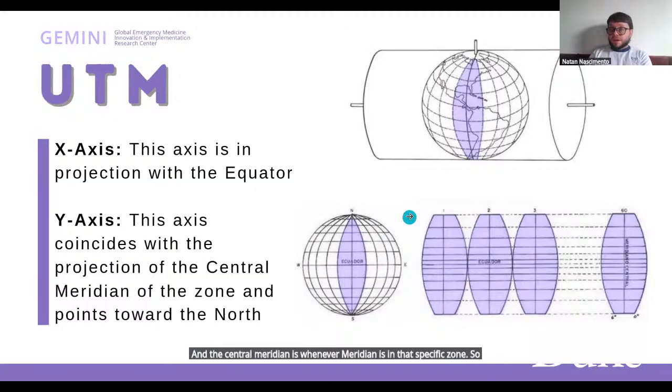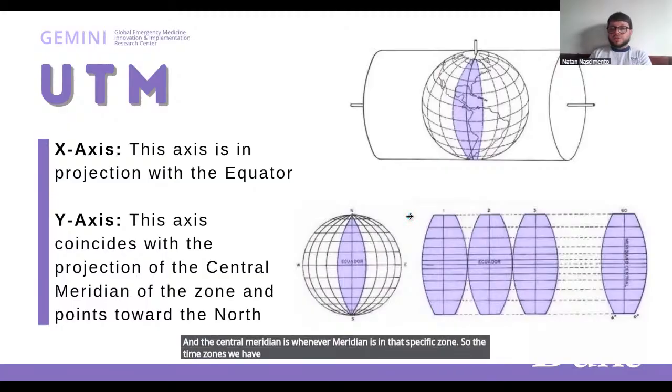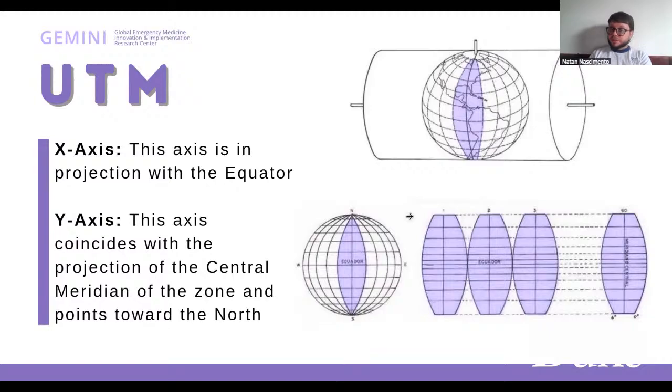So the time zones we have, like here in Brazil, is GMT -3, while in Duran is GMT -4, now that we have daylight saving. And it's minus because it's minus to the Greenwich.